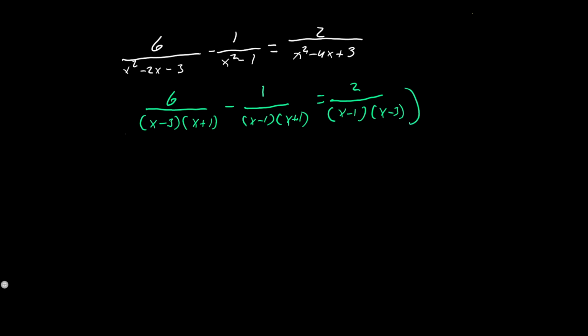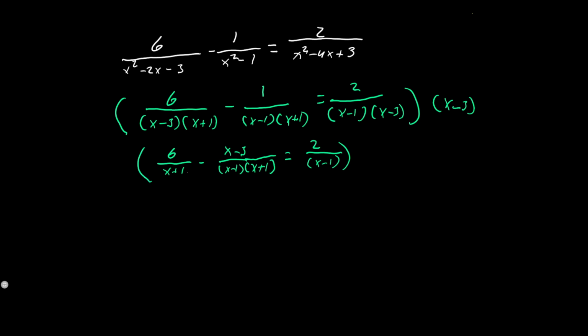So we're going to multiply the entire equation by x minus 3, which will simply give us 6 over x plus 1 minus (x − 3) divided by (x − 1)(x + 1), and that equals 2 divided by x minus 1.